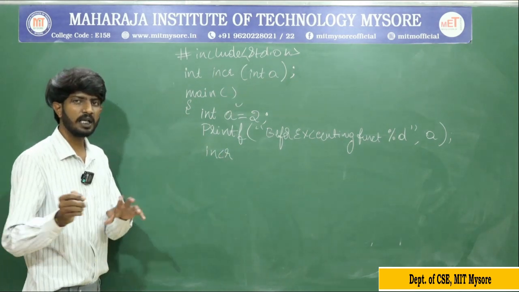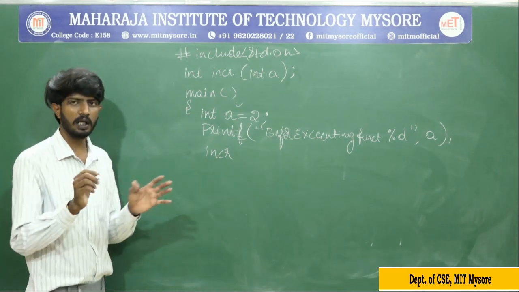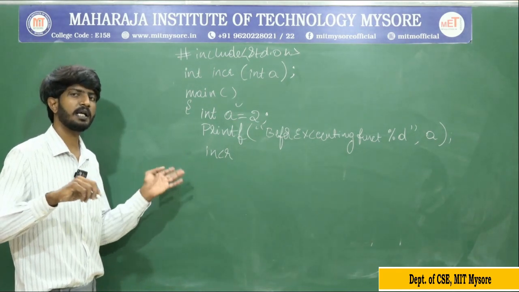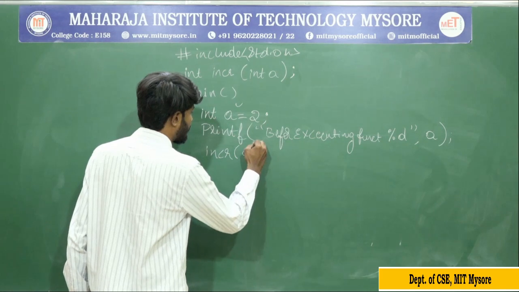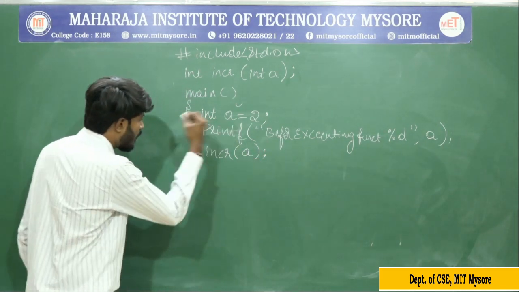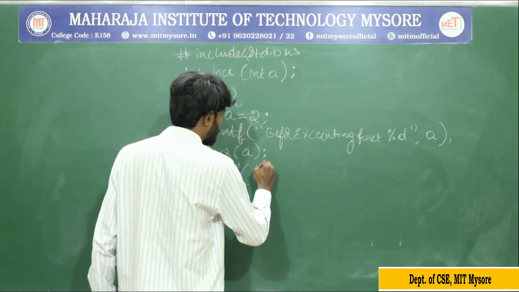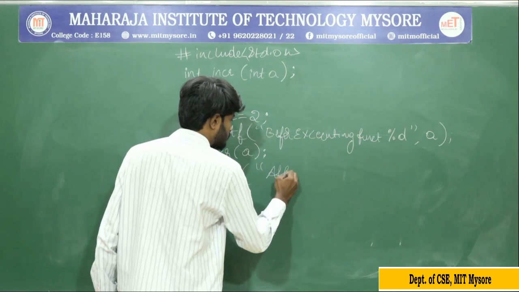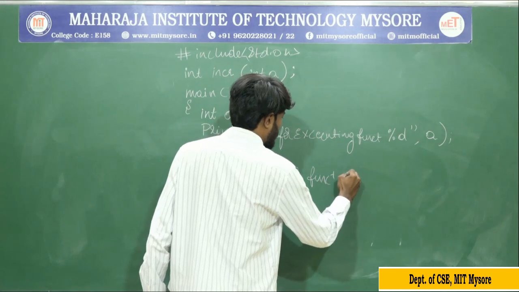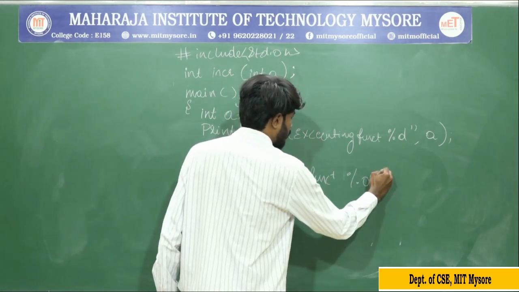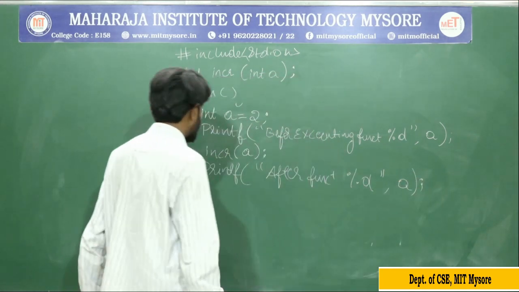Since I am not returning anything, I am not assigning this to any variable. I will just print that data in the function only. Increment of a. After that I will print once again, printf after function execution, %d, what is the value of a.